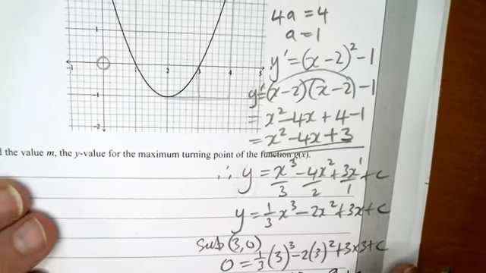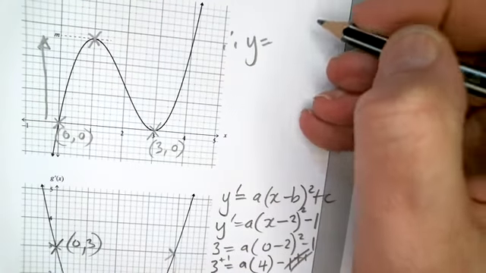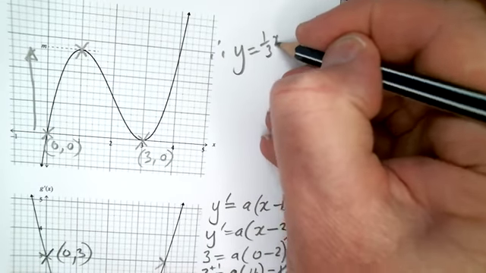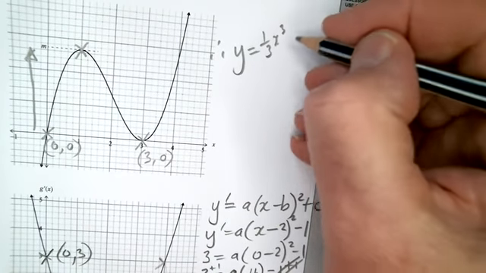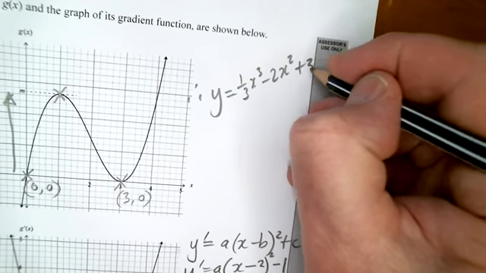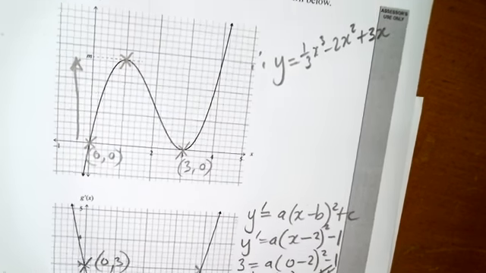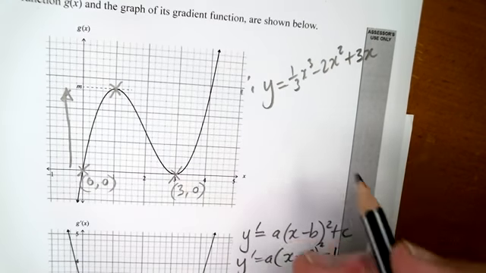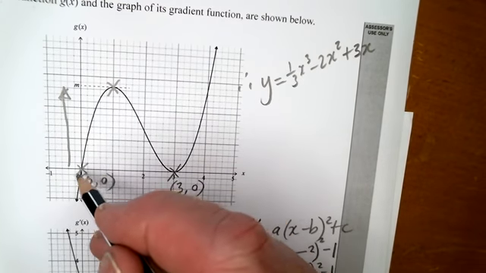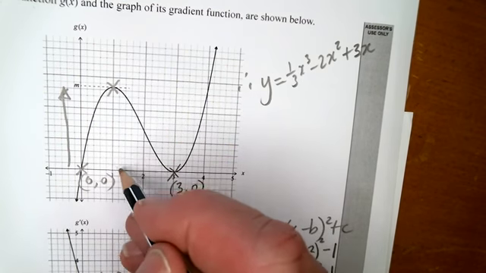So the equation then is y equal to 1/3 x cubed minus 2x squared plus 3x. There is our equation. Now we want to find when x is 1.